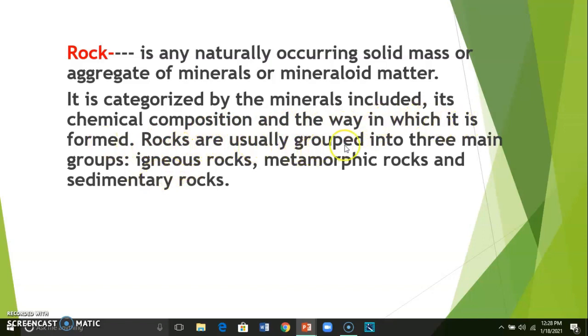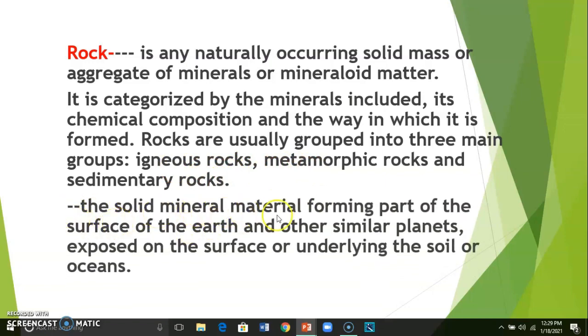Rocks are usually grouped into three main groups: the igneous rocks, the metamorphic rocks, and sedimentary rocks. So they are the three main groups.